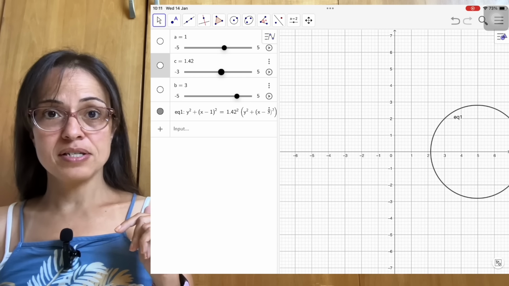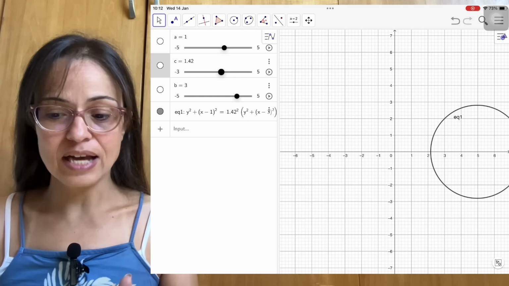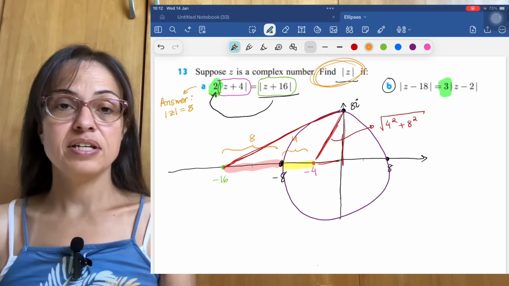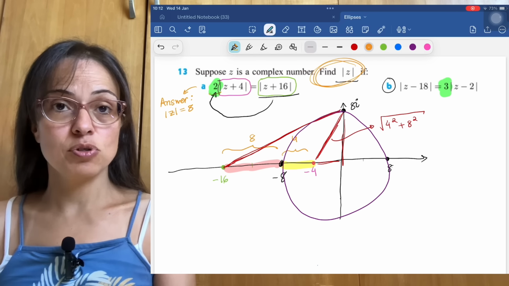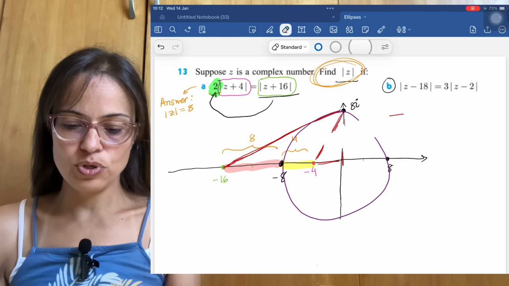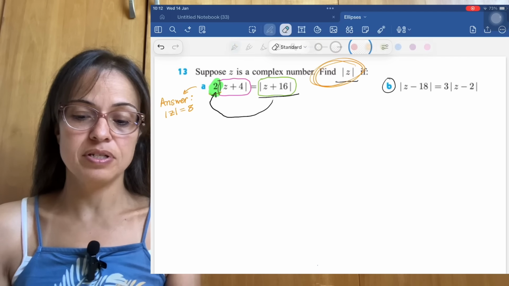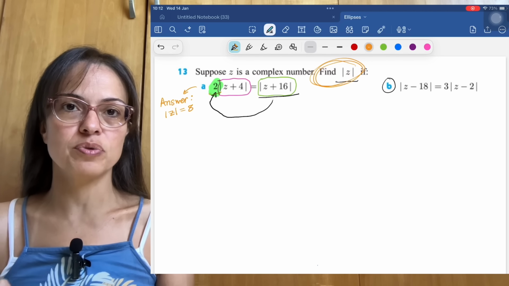It's not always a circle centered at the origin, which in the question it has to be because of the way that he gets to ask just find the absolute value of Z. But I think that as we're doing the calculations, we are going to figure out how this happened in the question, that the center of the circle was in the origin.